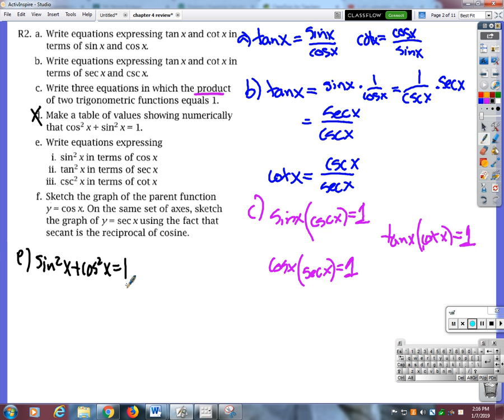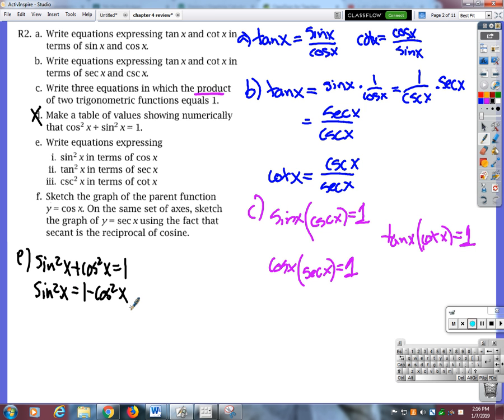How do I get that sine squared by itself? Subtract what? But we want sine squared to be equal to. There you go.